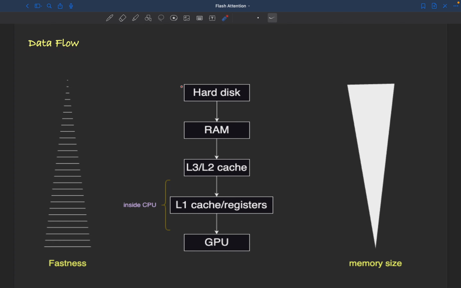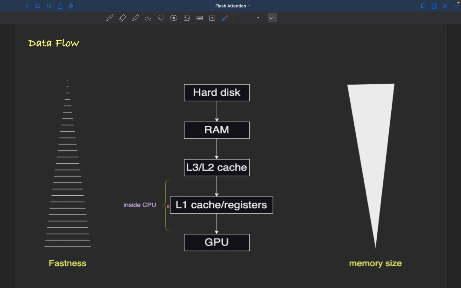First, the data will be in the hard disk, also called HDD. And if you want to process the data, obviously we need that data in the RAM, also called main memory. Depending on the kind of system you have, you may have L3 or L2 cache implemented, which is a fast memory compared to RAM.